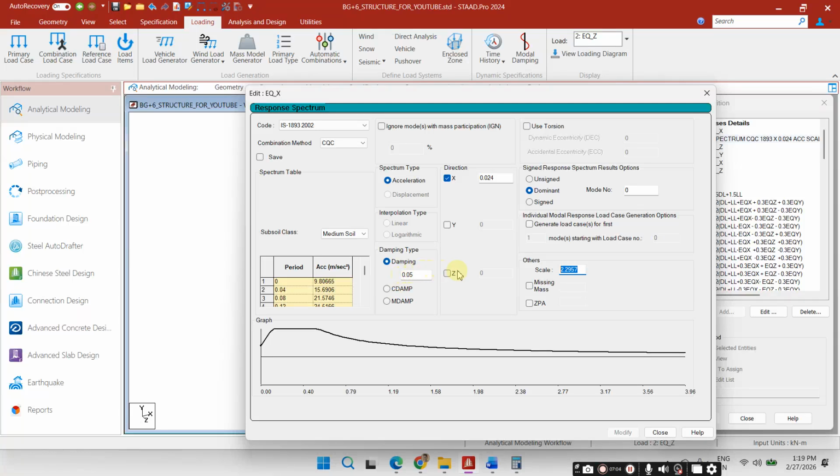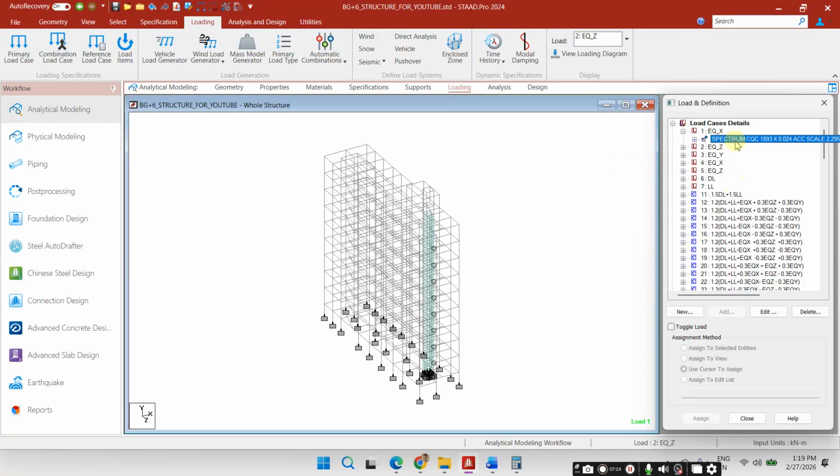The soil we have taken, I assume that the soil dissipates the energy 5%, not more than 5%. So damping ratio is 5%, means 0.05. In this case there are 5 directions, two directions along x and two directions along z, and one direction is y. So total 5 directions. I have provided the spectrum acceleration. You can check it.